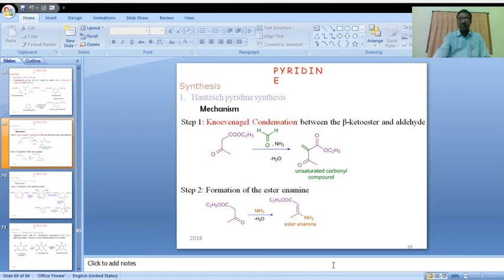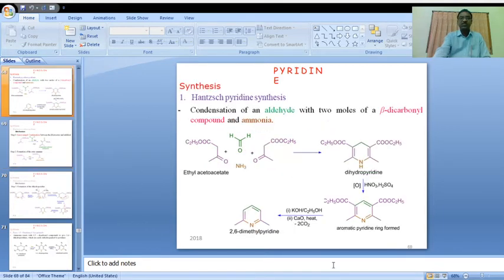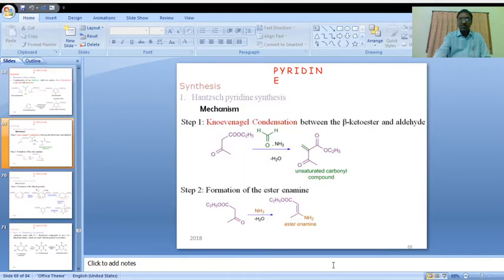Yesterday we discussed a single step reaction for this method of synthesis. Now let us go to the clear cut mechanism involved in this reaction.